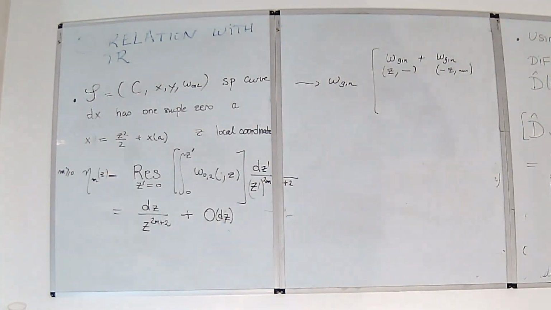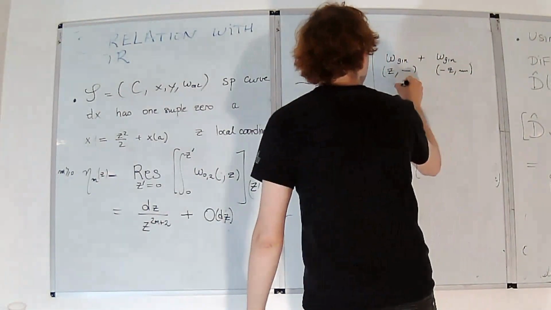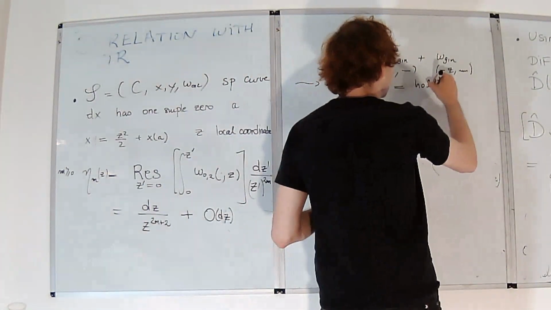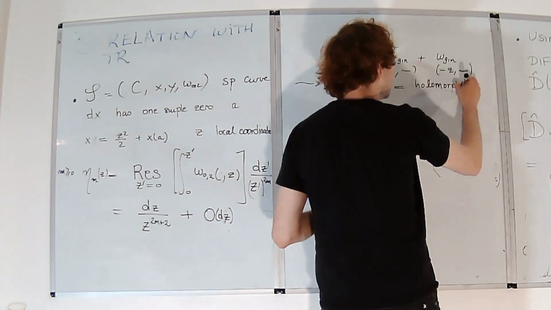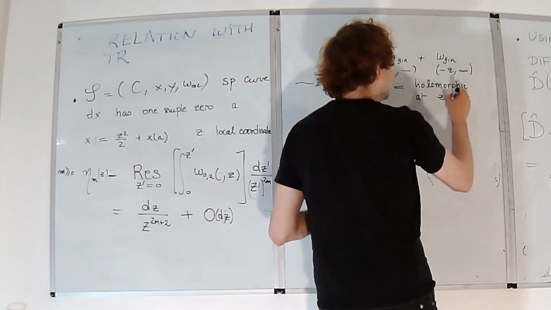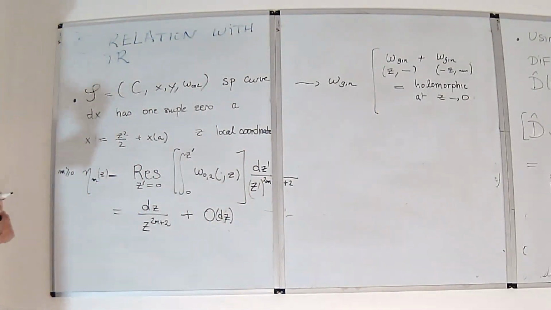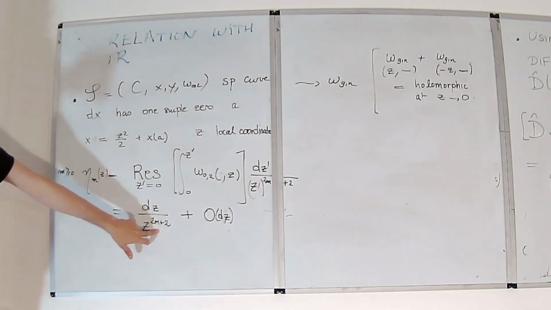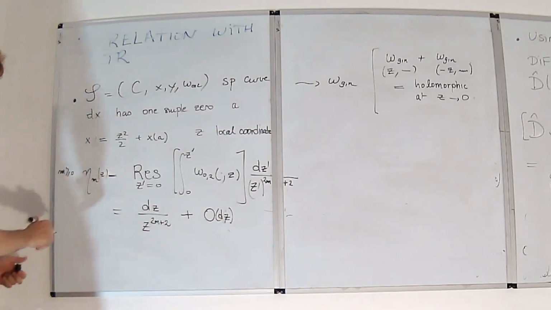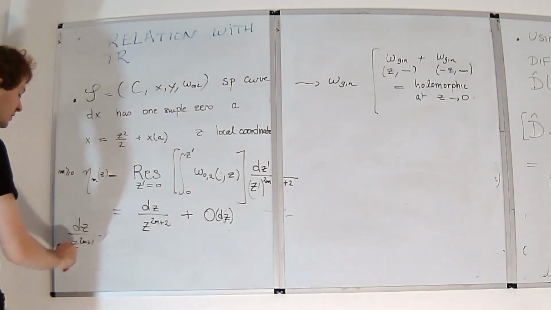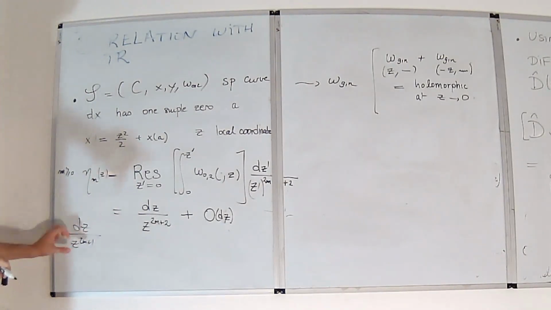And one of these equations is telling you that this combination, okay, maybe it's non-zero, but it must be holomorphic at the ramification point. And this is the case here. In fact, if I had put some dz over z to m plus 1, when z goes to minus z, this is even.